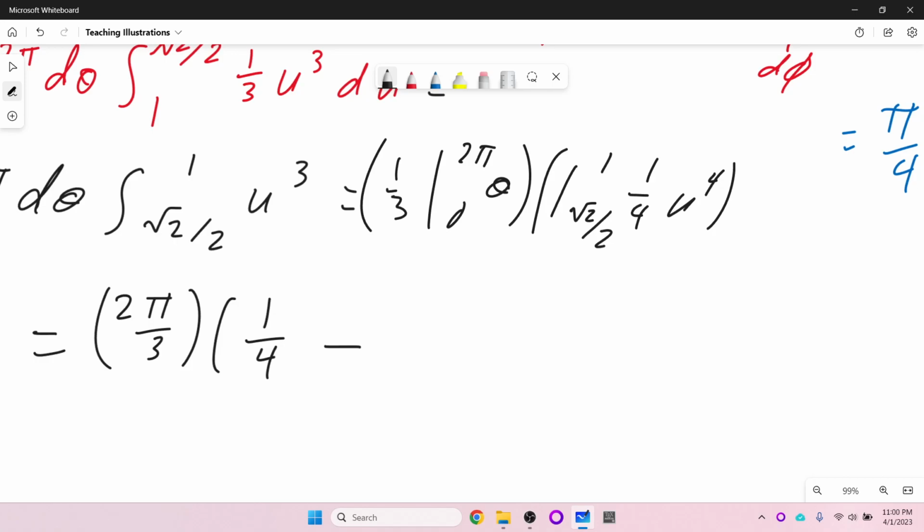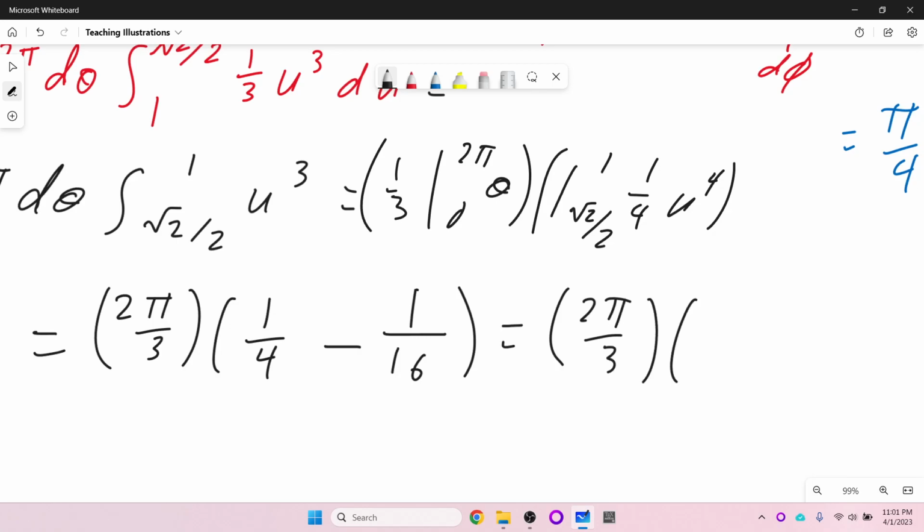Plugging in root 2 over 2, root 2 over 2 squared is 1/2, so 1/4 of that, so 1 over 16. And now this is one of these cases where you hope you got it right, because my notes don't, I did it in a different order. Times, yes, 1/4 is 4 over 16, so this is 3 over 16, which becomes pi over 8. That's right.